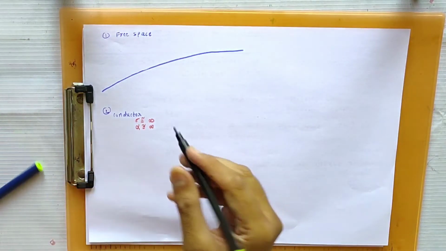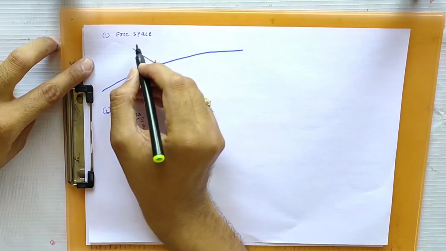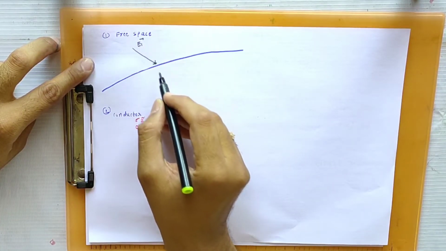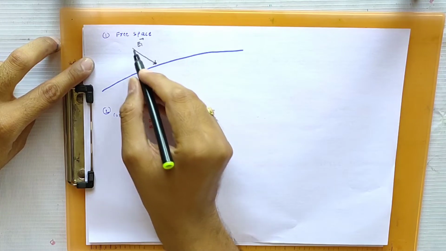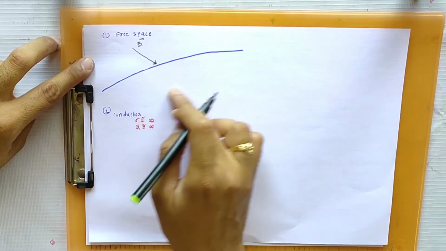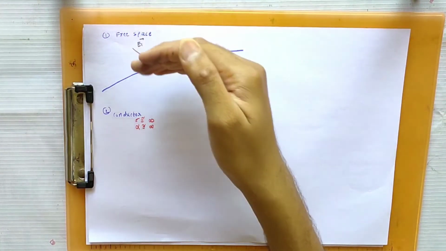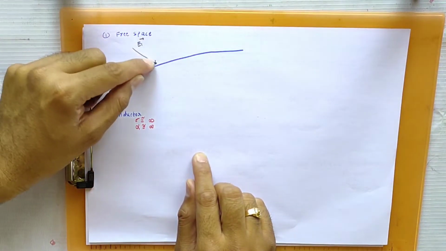Now suppose E1 is the incident wave and E2 is the transmitted wave, but no field is present in the good conductor. So actually all the wave is reflected back. This wave is known as the incident wave.